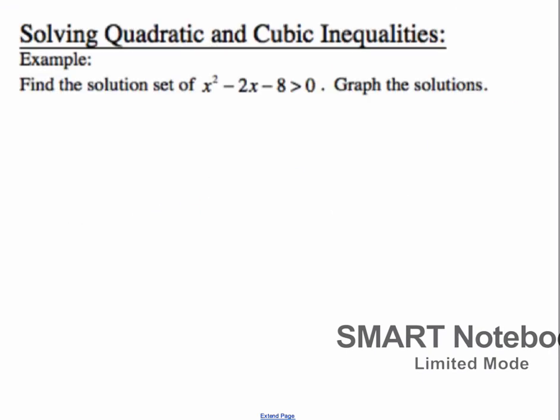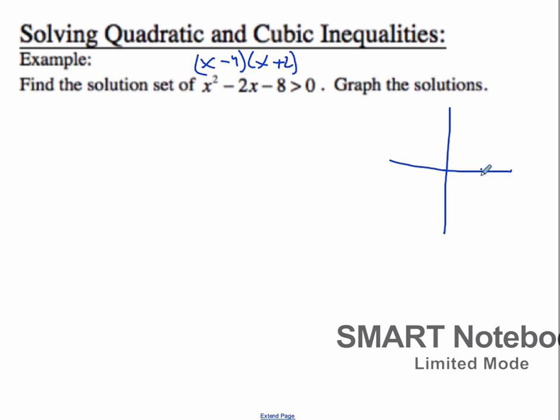Okay, next we're going to get into some inequalities. So to solve this one, this is a quadratic, and actually first let's think about what the graph would look like. That might help us out. If we were to graph this quadratic, this is a quadratic that factorizes, so it's x minus 4 times x plus 2.